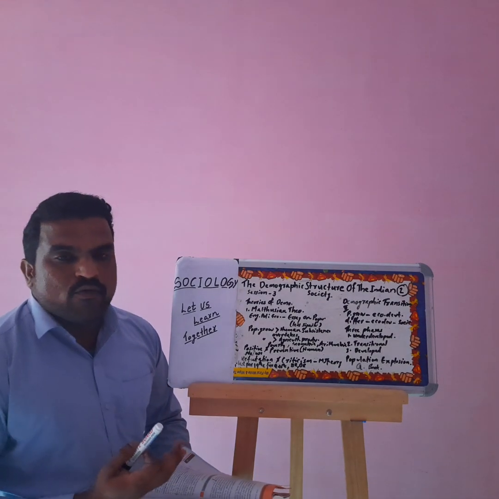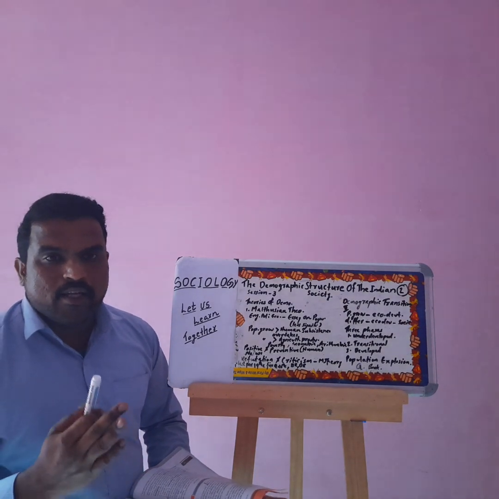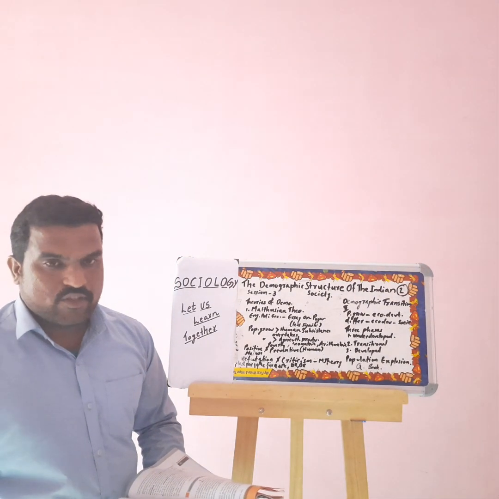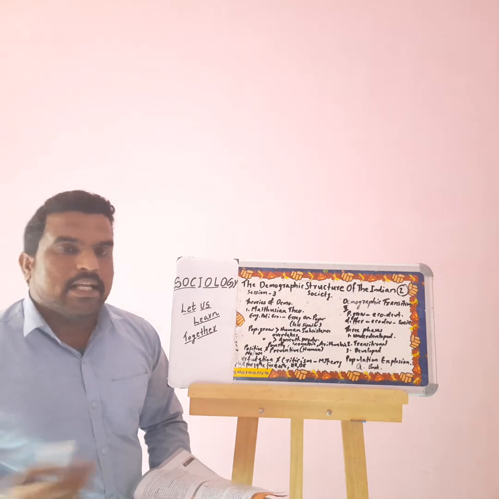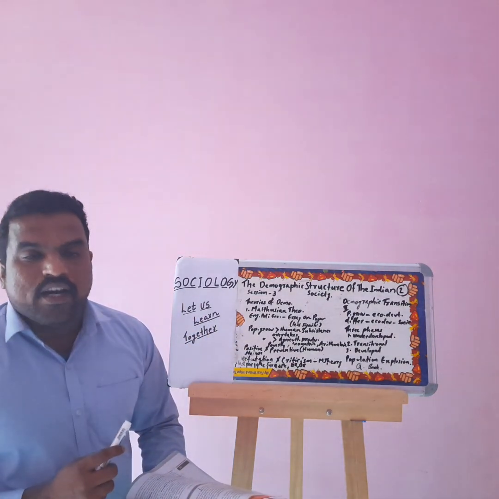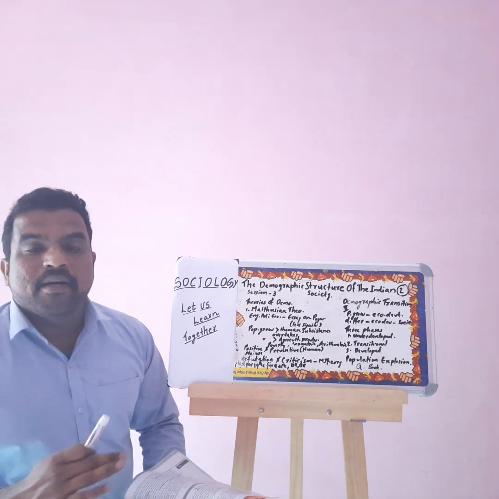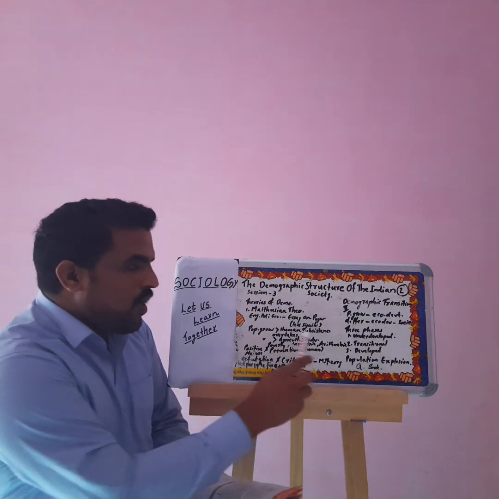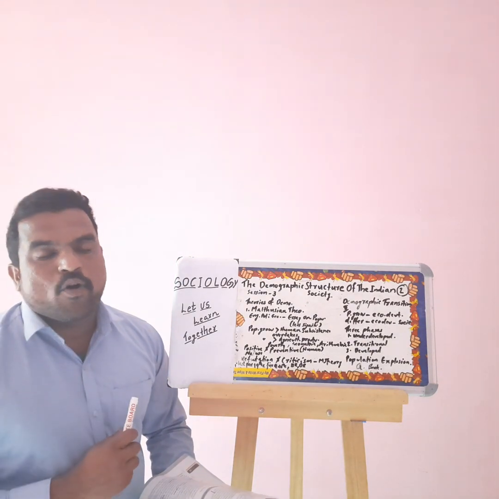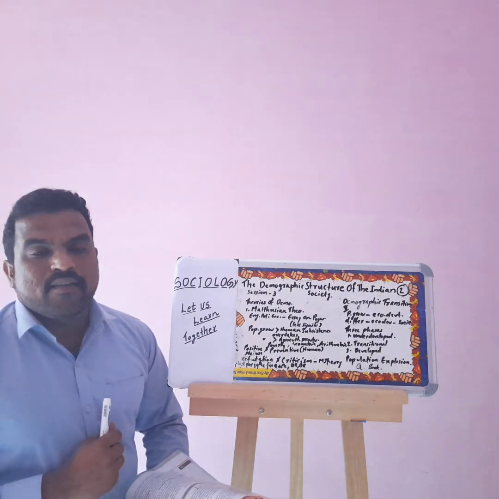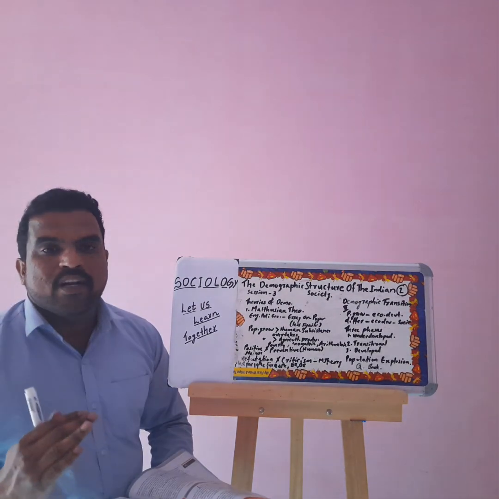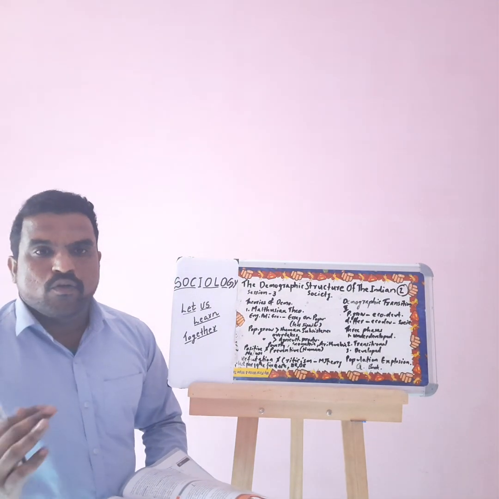Geometric progression means, for example, the numbers start from 2, 4, 8, 16. The numbers are doubling. In this way, the growth of population occurs. The numbers are doubling. What about the arithmetic progression? In arithmetic progression, the difference between two numbers is only 2: 2, 4, 6, 8, 10, 12.